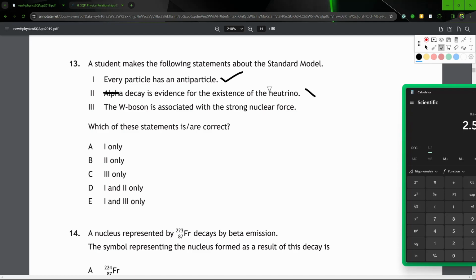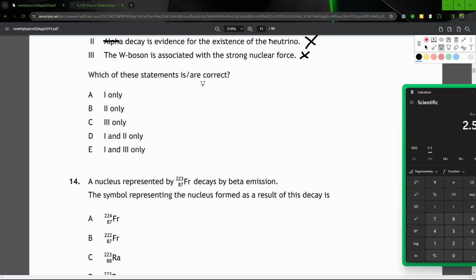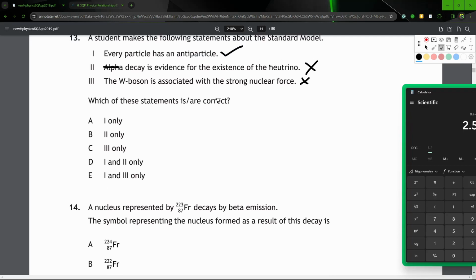And then the W boson is associated with the strong nuclear force. Well, that's garbage as well, because if you remember your standard model, the force-mediating bosons: we have the supposed graviton for gravity, the photon for the electromagnetic force, the gluon for the strong nuclear force, and the W boson is associated with the weak force. So 3 is garbage as well. That means it has to just be 1.